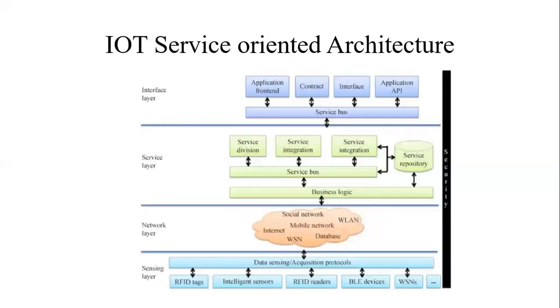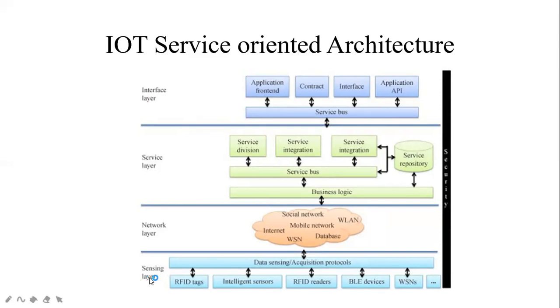Okay, next is your IoT service oriented architecture. As I have already told, there will be two types of components. The first one is functional, and the second one is service based. So what do we require in a service oriented architecture? Basically it shows your IoT service oriented architecture.